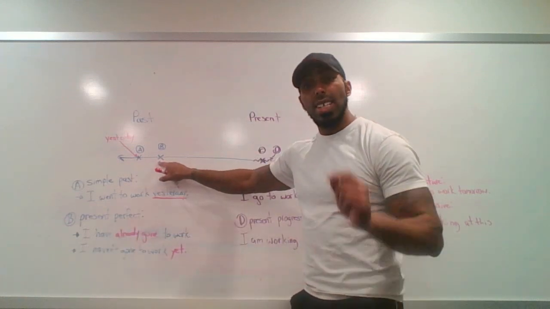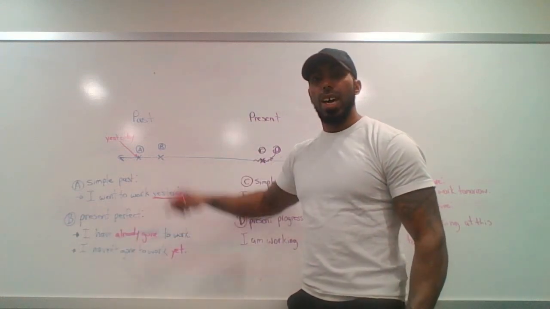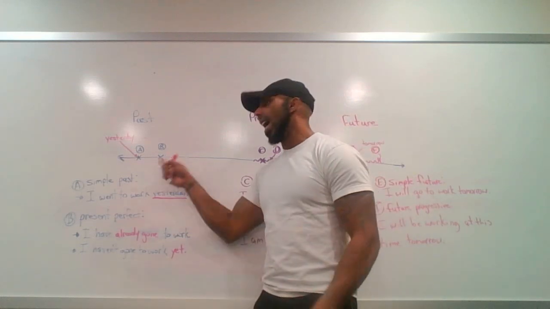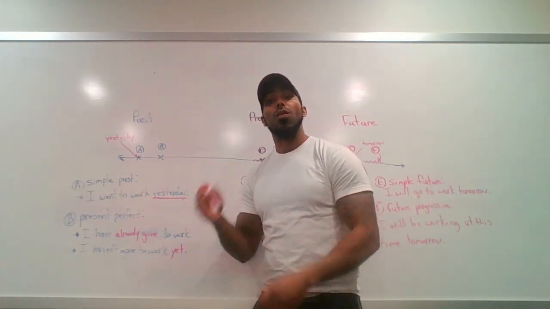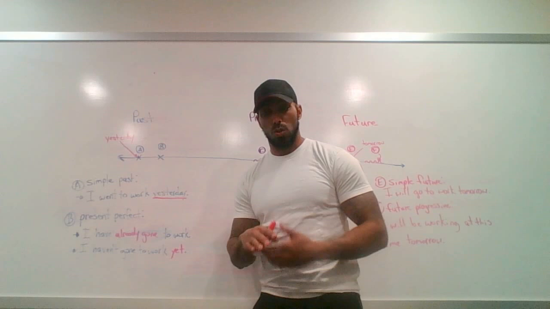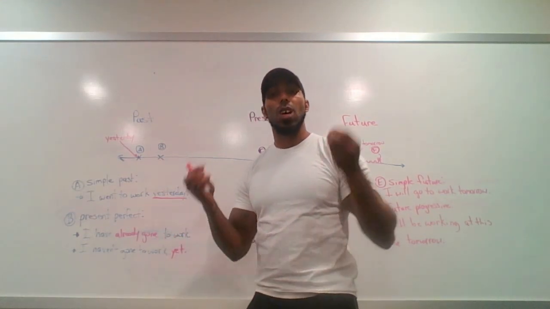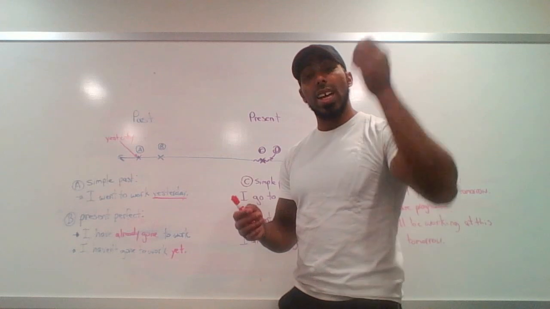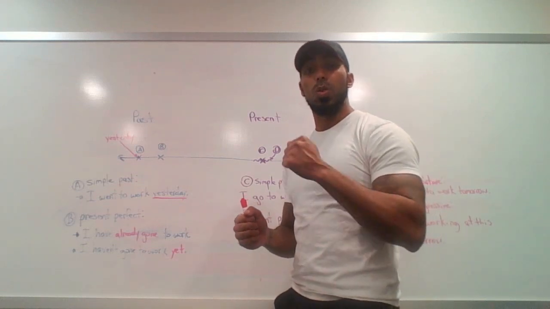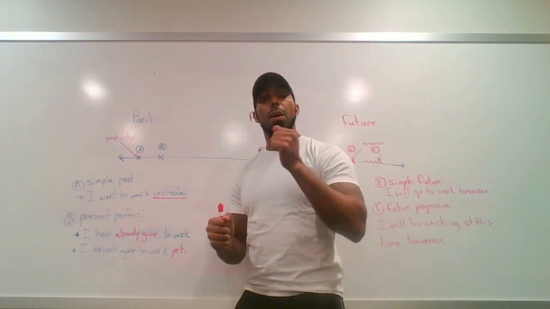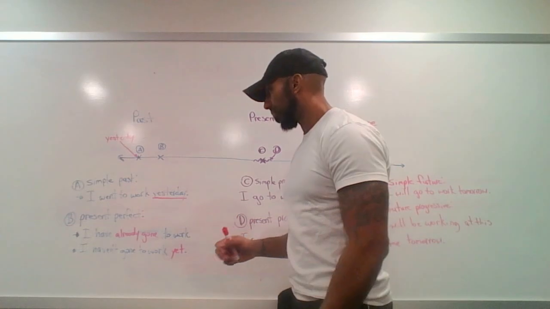And you notice I did not draw a dot in my X because there's no time. The X means the action of going to work, have gone to work. This happened in the past, but I don't tell you exactly when. That is the most important difference between simple past and present perfect tense.